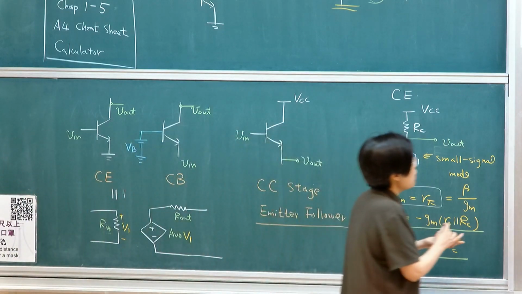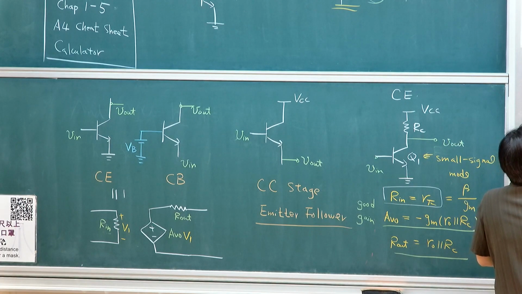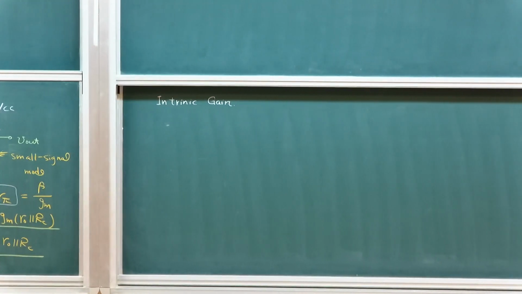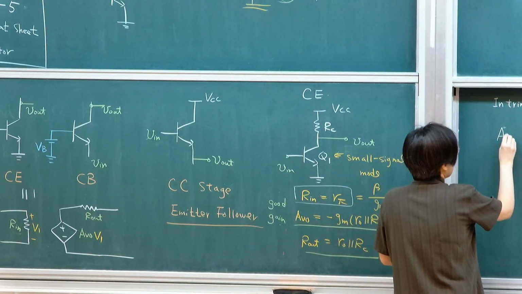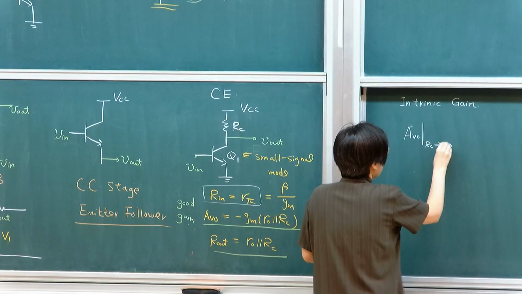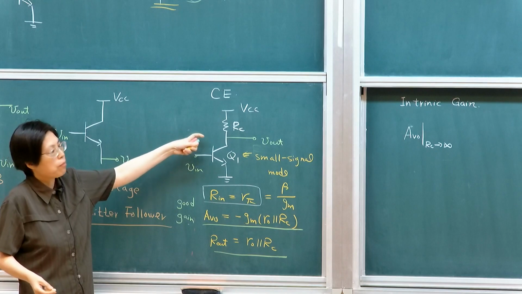The other thing I want to mention is something called intrinsic gain. What we mean by intrinsic gain is that if you look at the gain itself, it's typically referred to my loading resistance. This will depend strongly on your biasing current.